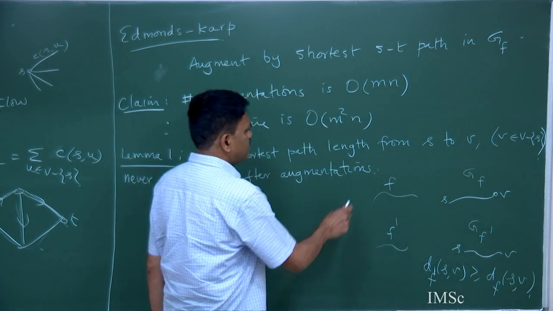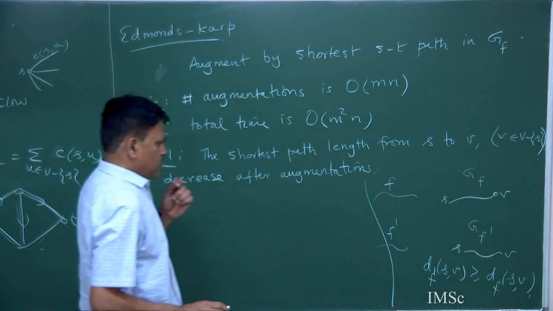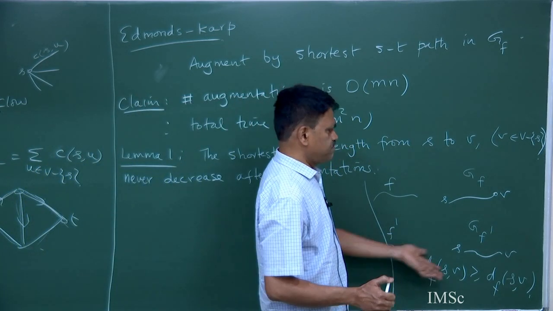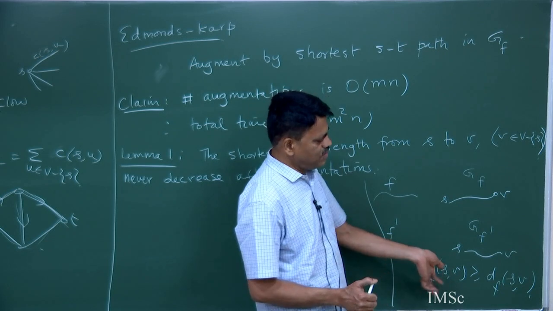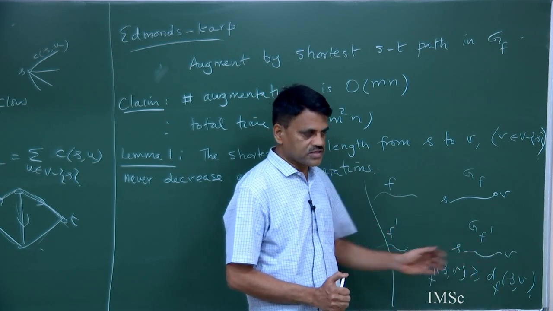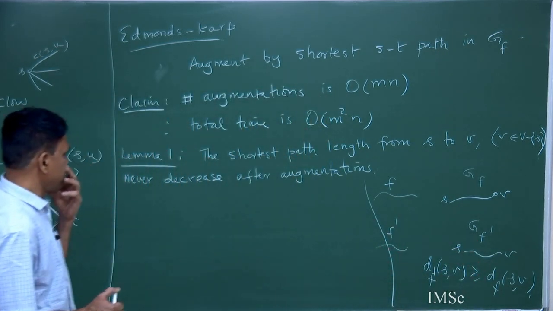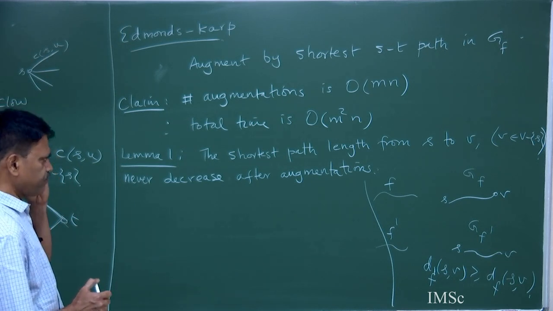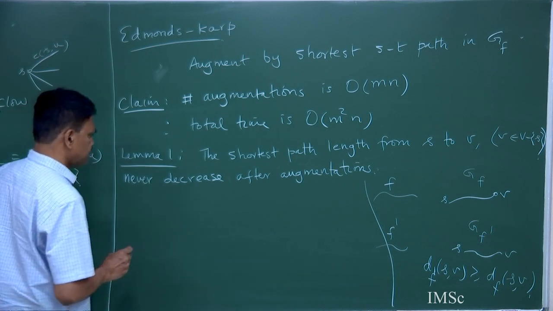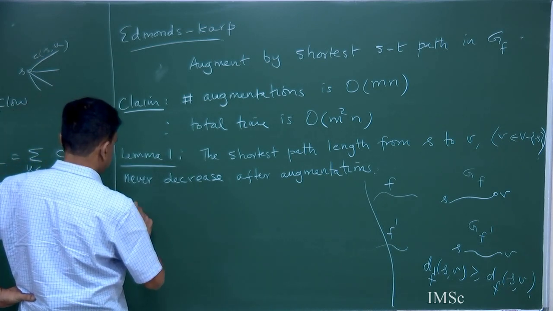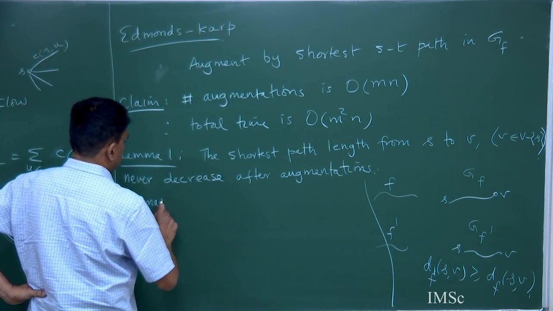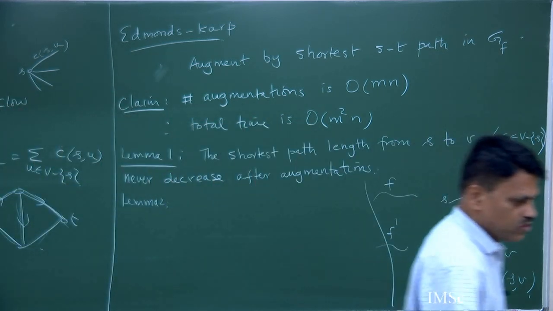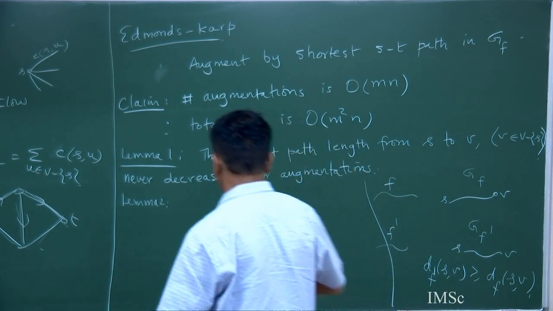That's what I mean by this statement, that as you move along, your shortest path length either remains the same or it just increases, it never decreases. This is lemma 1 we will prove, and using this we will show lemma 2. So before I show lemma 2, I need this notion of a critical edge.